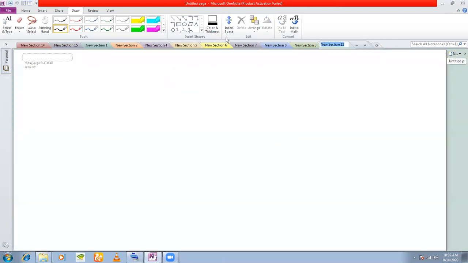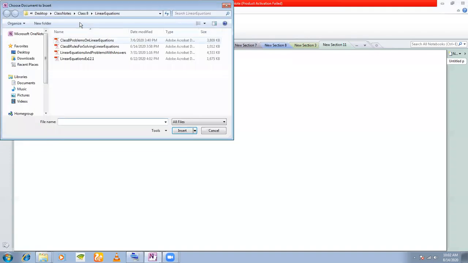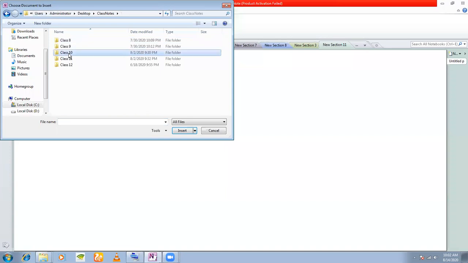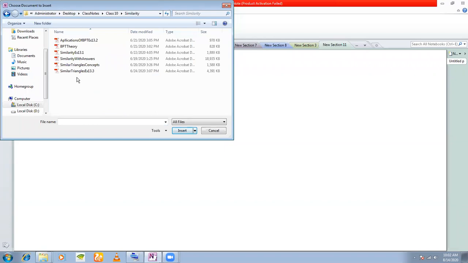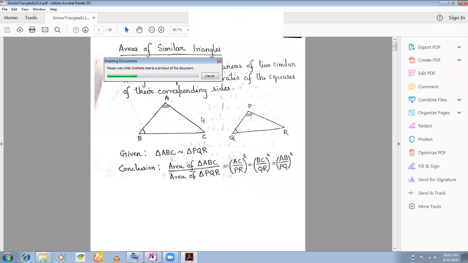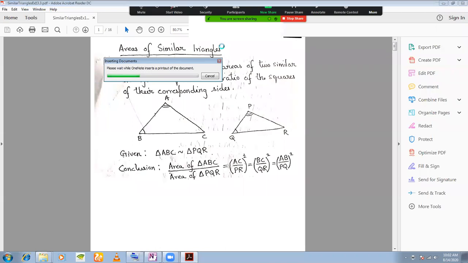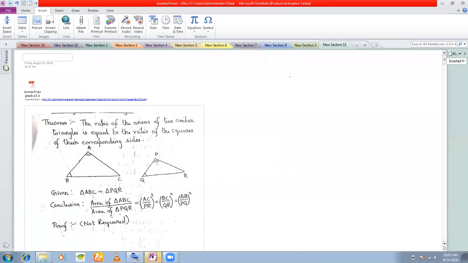So let me just open this. Okay. So areas of similar triangles.